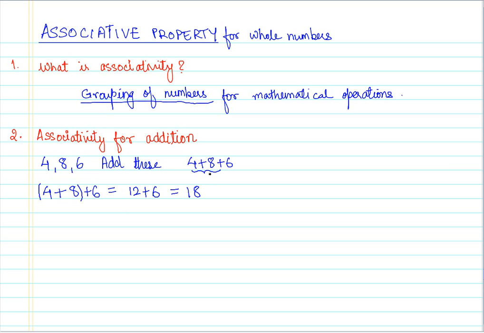Now let me try to group the last two numbers. We could also have done this as 4 plus 8 plus 6, doing the addition on the right hand side first. So 8 plus 6 comes out to be 14, and 4 plus 14 is equal to 18.